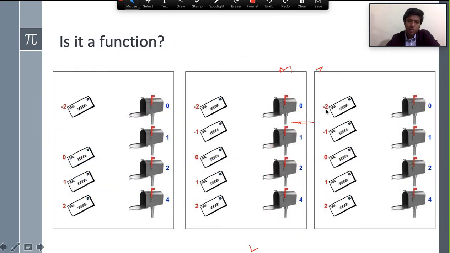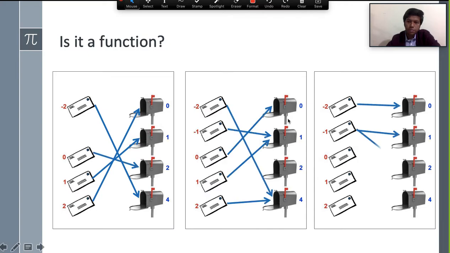Is this a function? So we have a nice example here. You have some envelopes, and you can put the envelopes in some post box. Say these are the setup. Now based on this setup, which one is a function, which one is not.